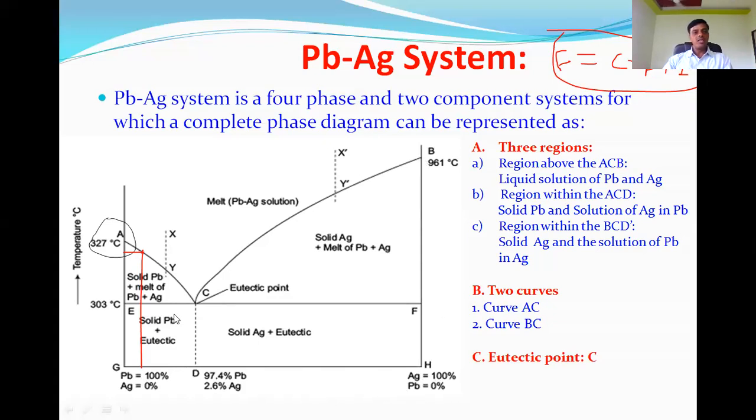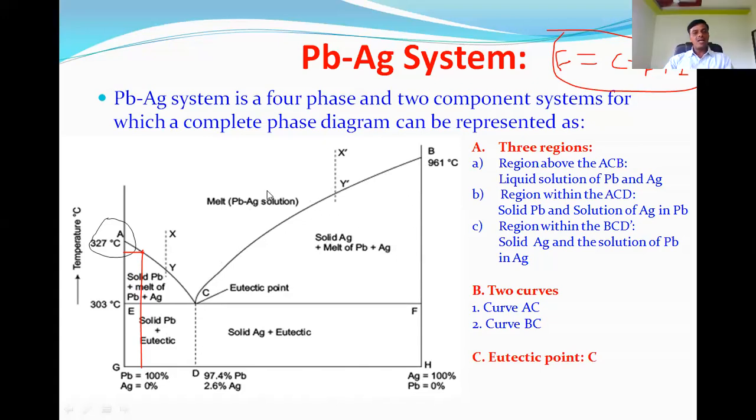This curve BC indicates the freezing point of solid silver, and it shows the effect of addition of lead. Addition of lead minimizes the freezing point of solid silver.